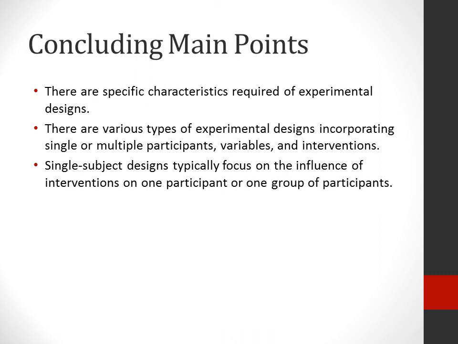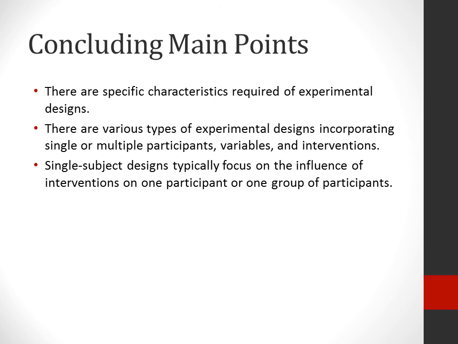Concluding main points for this presentation. There are specific characteristics required of experimental research designs, and we outlined those 4 characteristics. There are various types of experimental designs incorporating single or multiple participants, variables, and interventions.